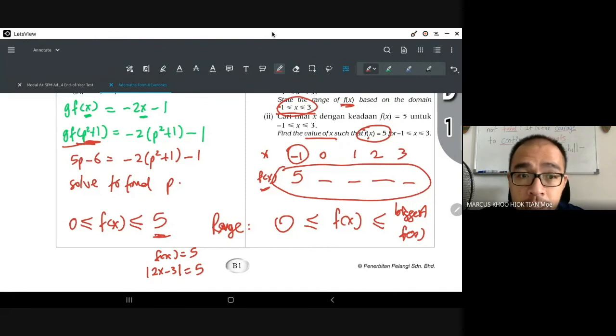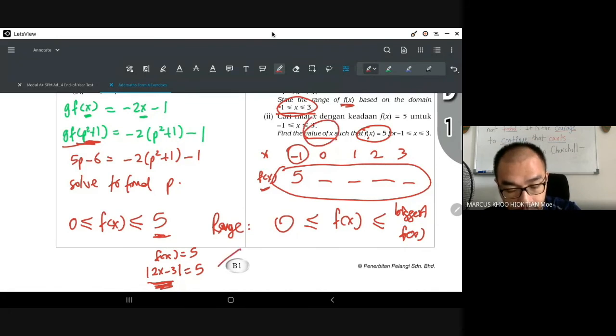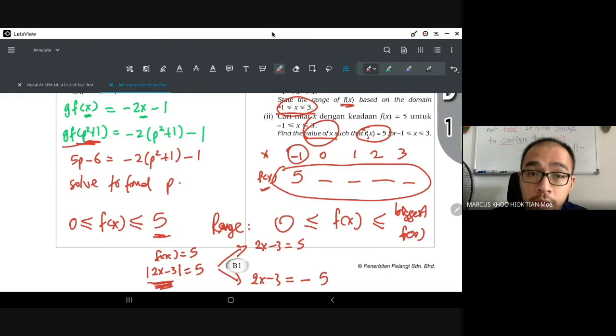Now, I've mentioned this before. If you have a modulus and you want to find the values of x, you have to split it into two answers: 2x minus 3 equals 5 and 2x minus 3 equals negative 5. So you will get two values of x.